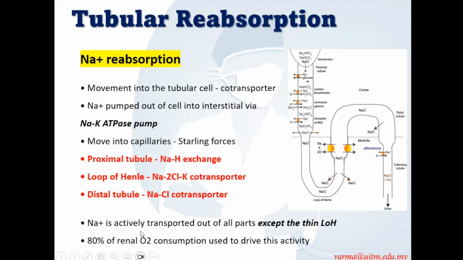Sodium is actively transported out of all parts except the thin limb of the loop of Henle, where it just goes down the concentration gradient. 80% of the renal oxygen consumption is used to drive this sodium potassium ATPase pump.